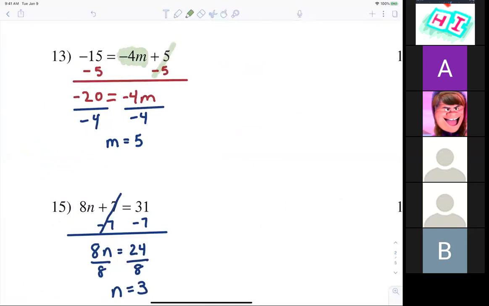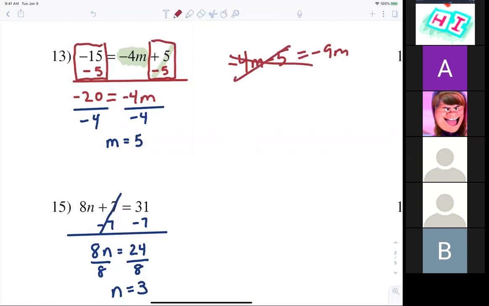You have to put numbers with numbers. You would never say -4m minus 5 and get -9m. That would be silly. You can't put these two things together. We say we're combining like terms. Okay, thank you.